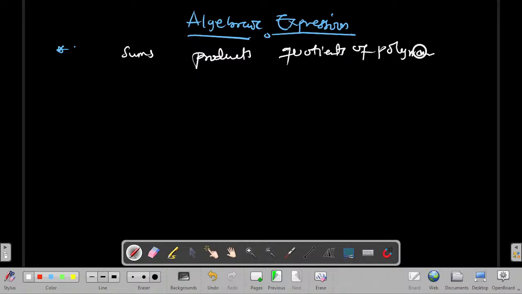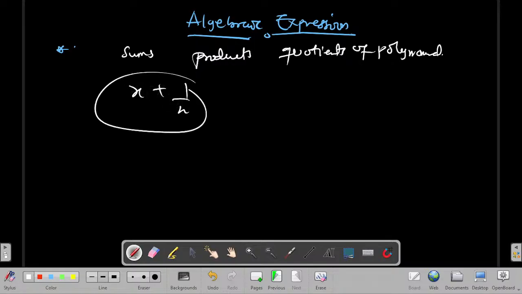So when you talk about an algebraic expression or algebraic function, you are trying to say that when I have polynomial functions and I add, so if I write x plus 1 over x, this becomes an algebraic function, whilst x itself is a polynomial function.